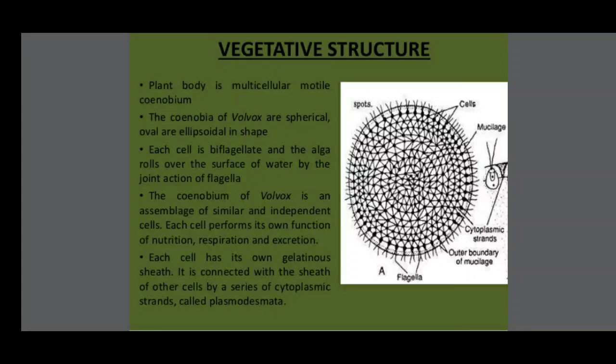The coenobia of Volvox are spherical, oval or ellipsoid in shape.